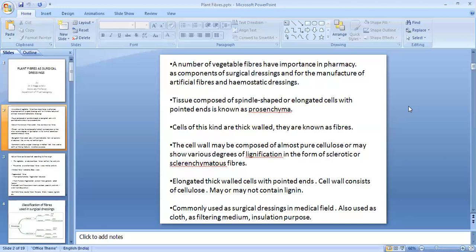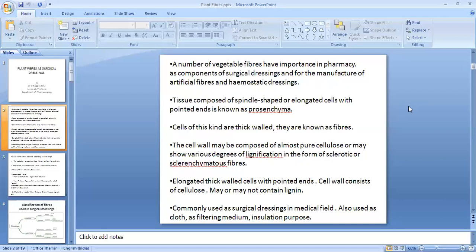In other words, the cell wall is composed of almost pure cellulose or sometimes with different degrees of lignification, that is, different amounts of lignin present, in the form of sclerotic or sclerenchymatous fibers.